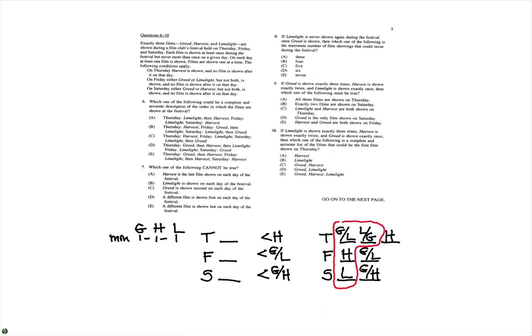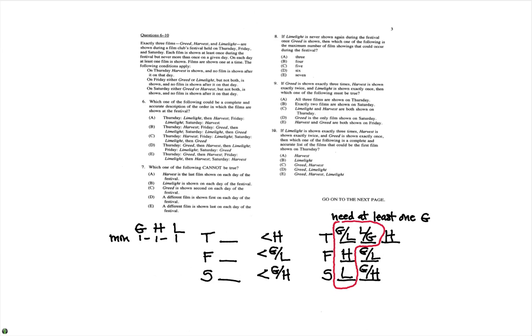So we need at least one Greed. Okay, so that is our general setup. Again, we don't know much, so we're going to be very aggressive, go through these questions, apply the rules we're given, and quickly eliminate incorrect answer choices.